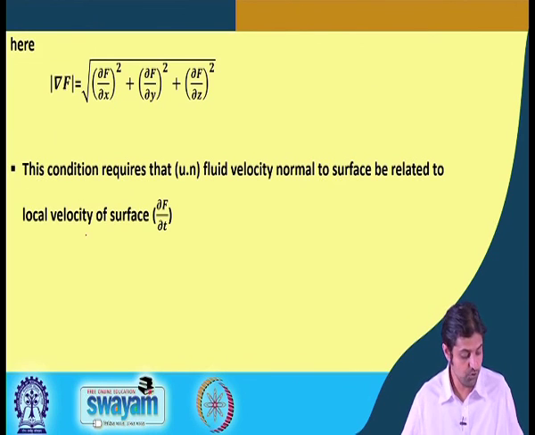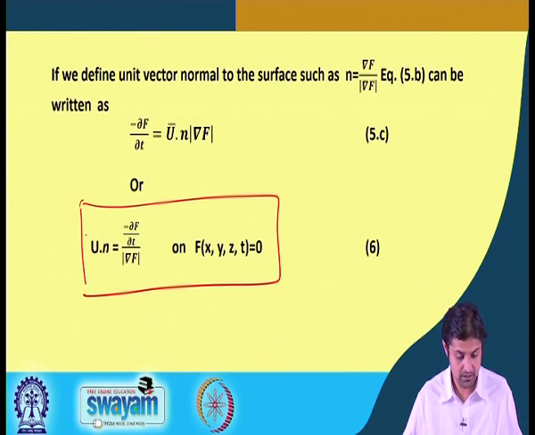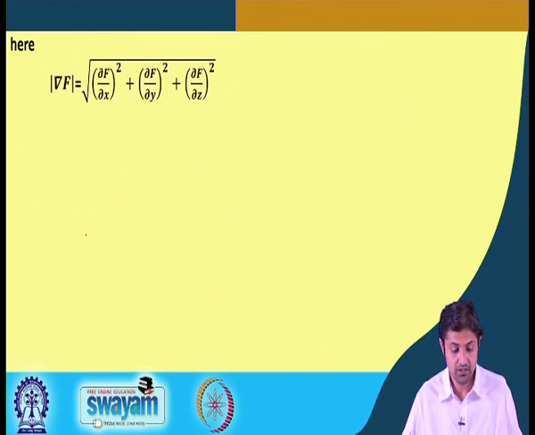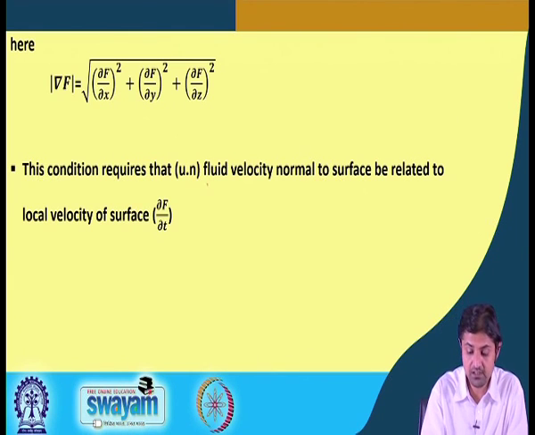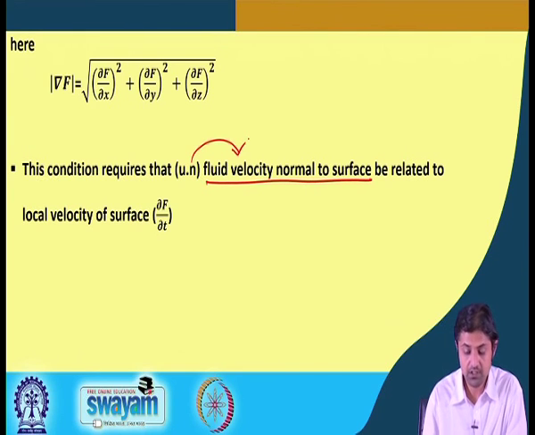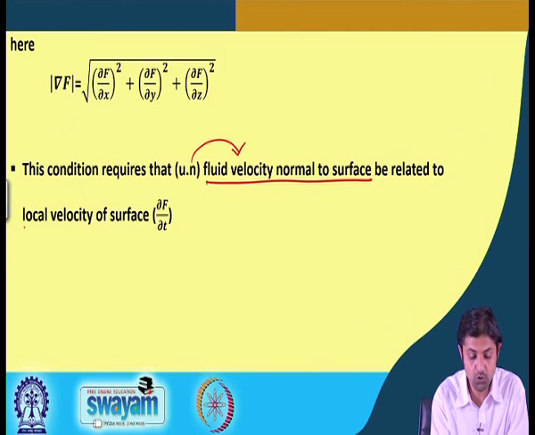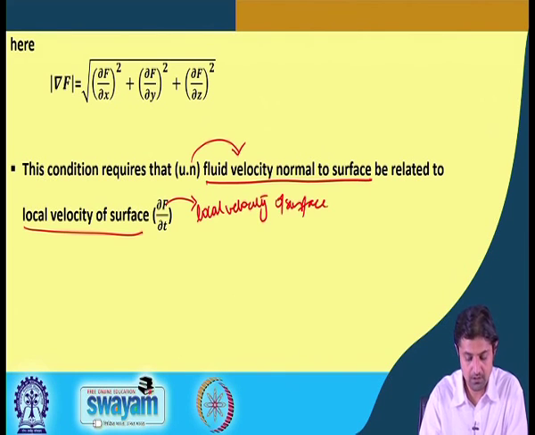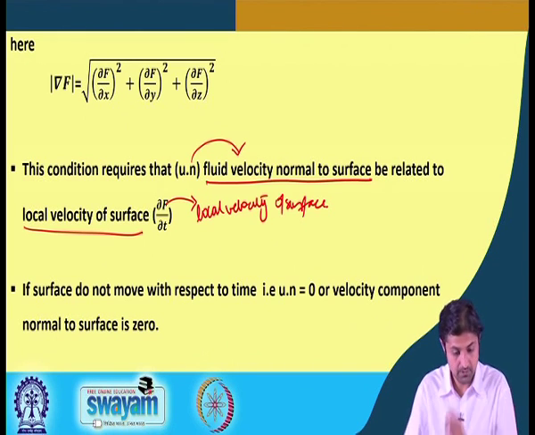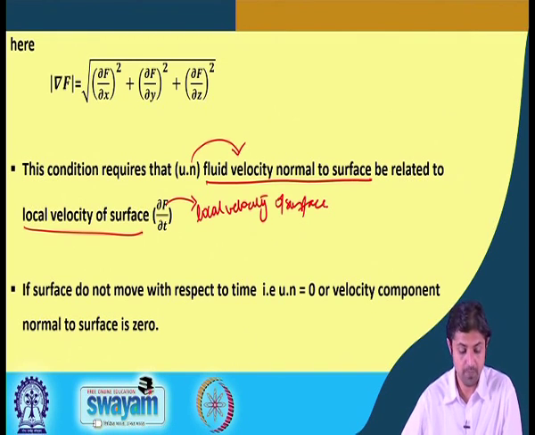Now if you look at the condition here, u·n = −(∂f/∂t)/|∇f|, this condition requires that u·n, the fluid velocity normal to the surface, should be related to the local velocity of the surface. ∂f/∂t is the local velocity of the surface, by the equation that we wrote before.